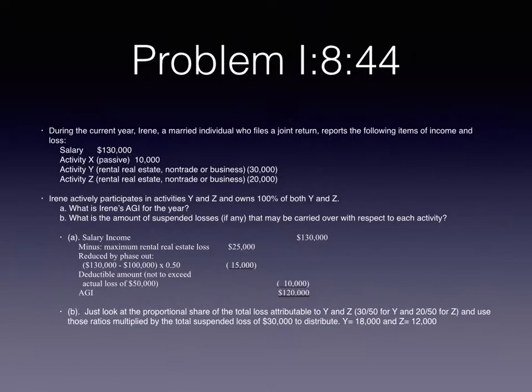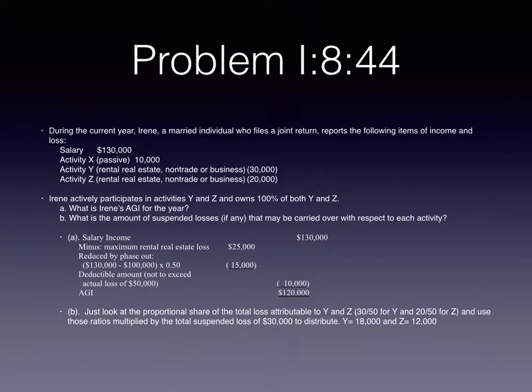So now we're basically trying to determine, of that 30,000 real estate loss that we were not able to use in this situation, how much of that is attributable to activity Y, how much of that is attributable to activity Z. So you just look at the proportions that each of those activities made up of the total rental real estate loss.